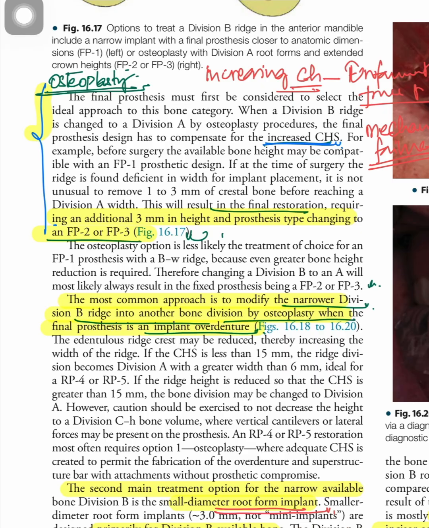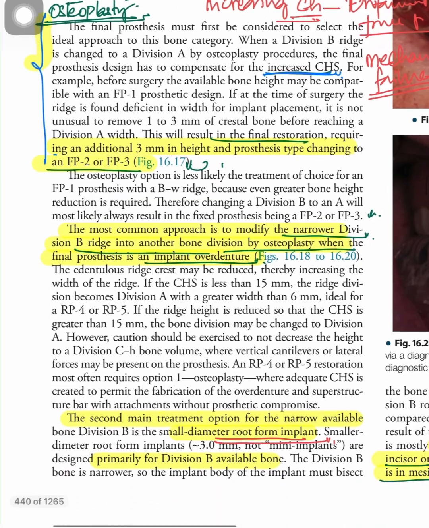So in such cases, you should consider delivering a narrow implant or doing some ridge augmentation. Another disadvantage with osteoplasty is you increase the crown height space, and when the crown height space is increased and you're giving a fixed prosthesis, the unfavorable forces tend to increase.